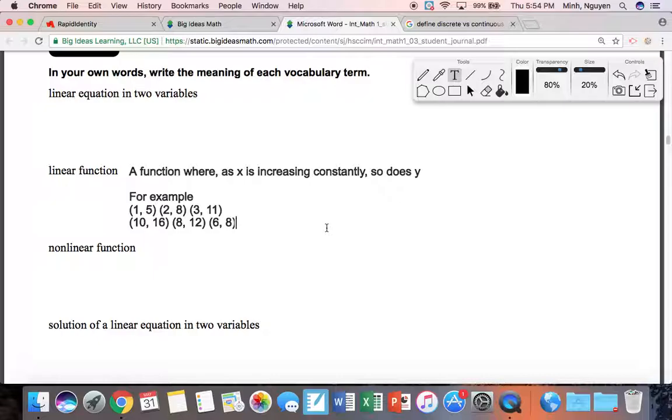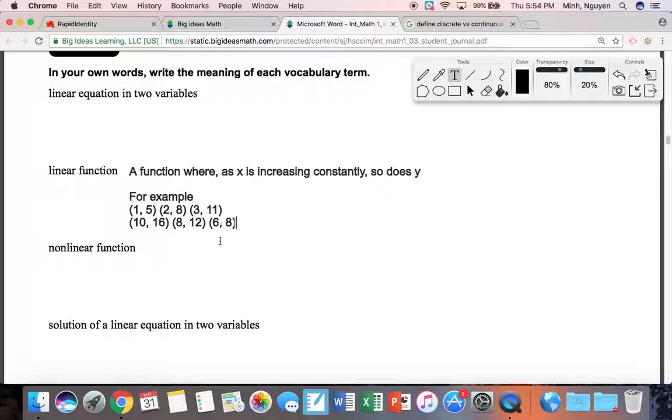So what is happening here? x is going down by 2, so 10 minus 2 is 8, 8 minus 2 is 6. But as this is happening, the y is also changing at a constant rate. So 16 minus 4 is 12, 12 minus 4 is 8. The x's and the y's don't have to change at the same rate in relation with each other, but the x's in relation to each other have to change at the same rate, and so do the y's.